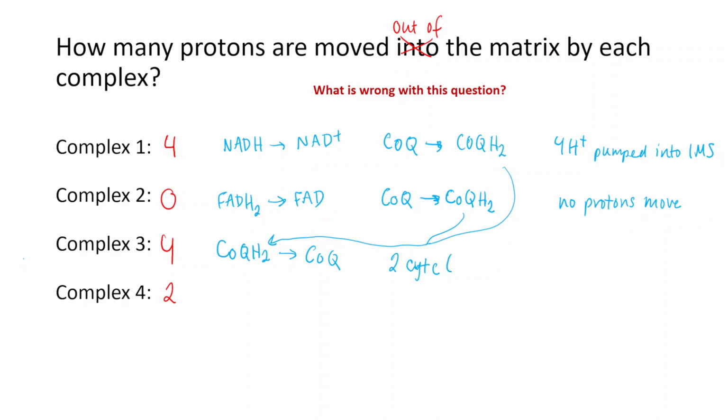And what is the oxidation state or charge state of cytochrome C going from there? Yeah, exactly. It's getting reduced, right? It's accepting electrons. So it goes from a 3+ state, and it's getting reduced to a 2+ state. Yeah, because of iron.